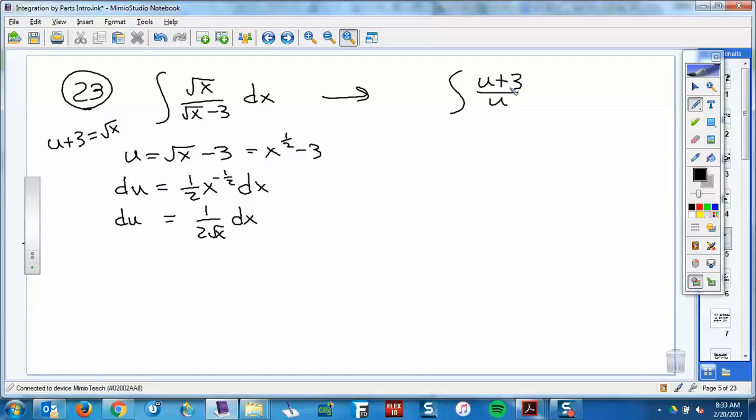If you have left the top as the square root of x, and put the u in on the bottom, and then put your 1/2 root x in, so you have root x on the bottom. Say that again now. So like you have root x over u in that integral, and then substitute in your du as 1/2, or pull the 1/2 out and put the 1 over square root of x in.